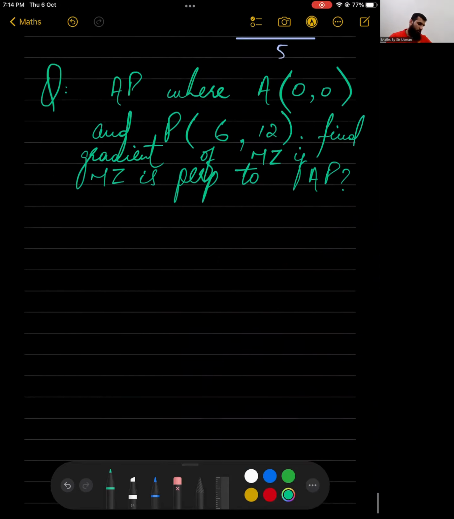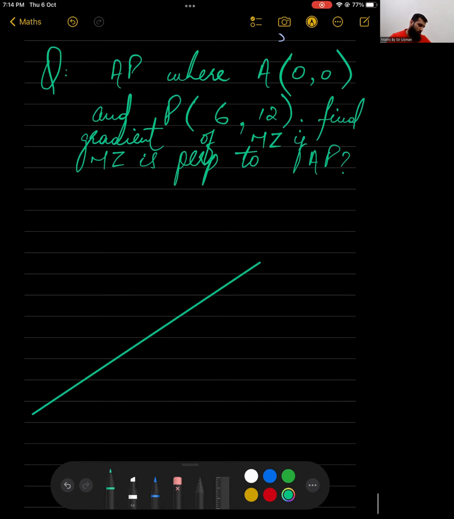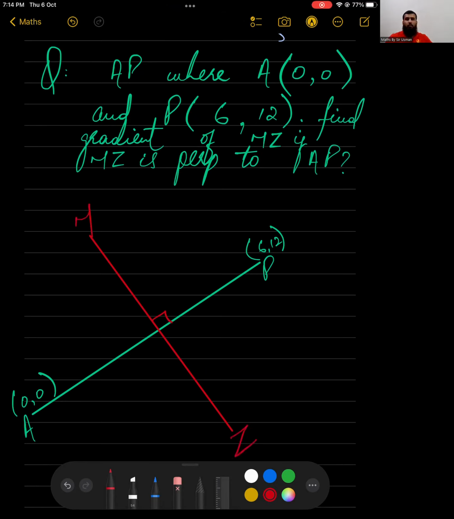So what you have got here is a line AP, with A as (0, 0) and P as (6, 12). With this line, you have a perpendicular line, which is MZ. You need to figure out the gradient for line MZ.